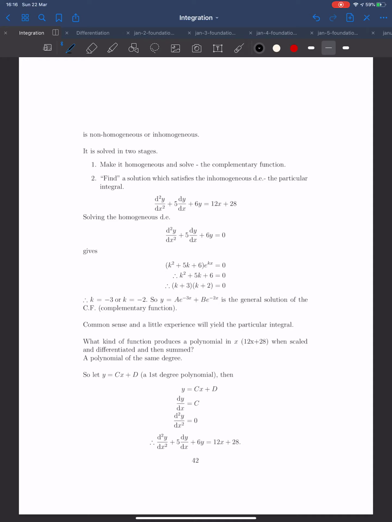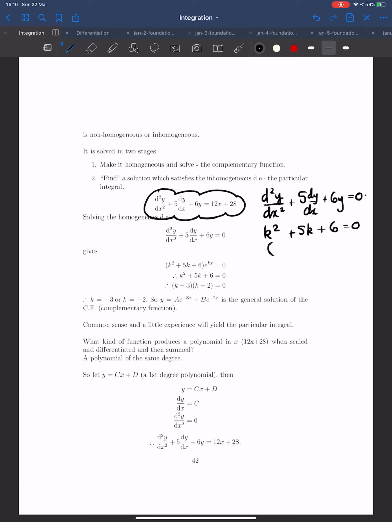So we start off with this one. This is what we've got to solve. We start with d2y by dx squared plus 5 dy by dx plus 6y is 0. So that's a k squared, that's 5k, and that's 6 is 0. So it's k plus 2, k plus 3 is 0.